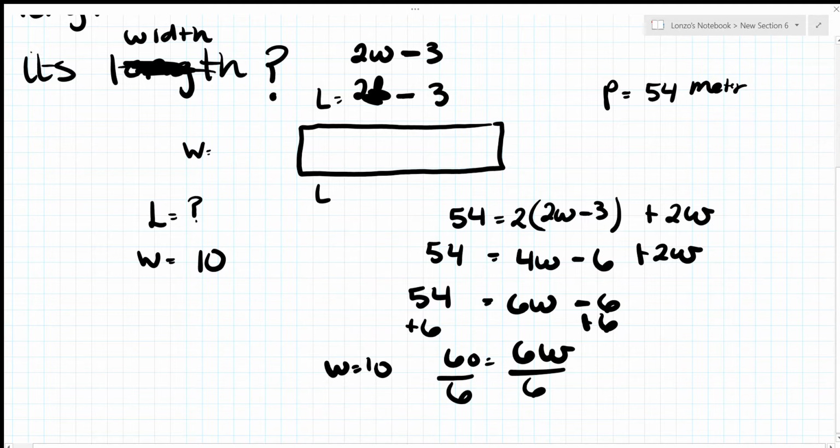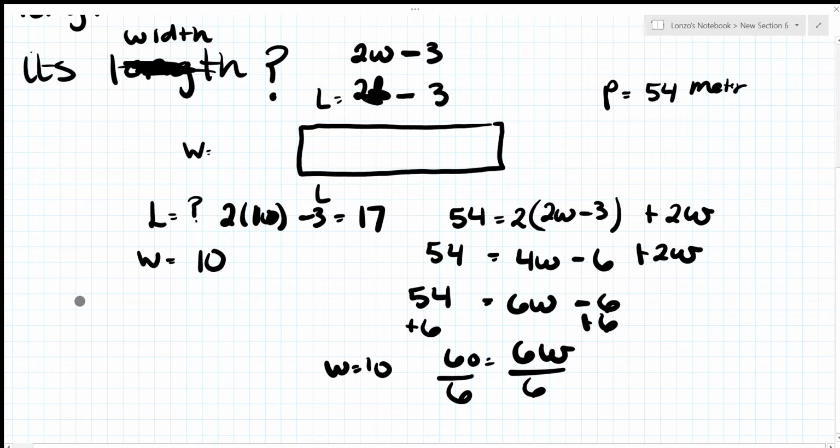Now, what is my length? Remember, length is 2W minus 3, so it's 2 times our width, which is 10, minus 3. If you do the calculation, 2 times 10 is 20, minus 3 is 17.